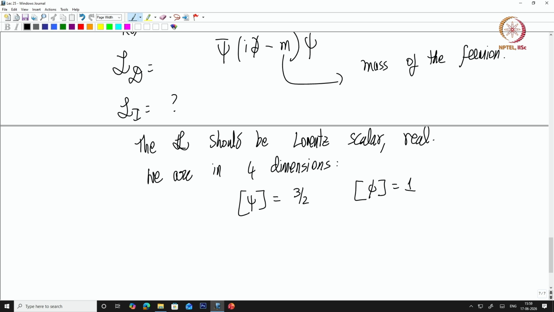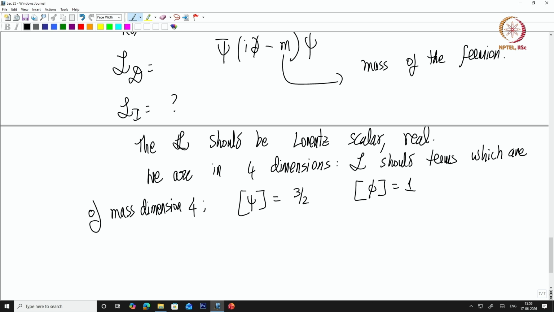So every term in the Lagrangian should be of mass dimension 4, such that the action is dimensionless, at least in natural units.